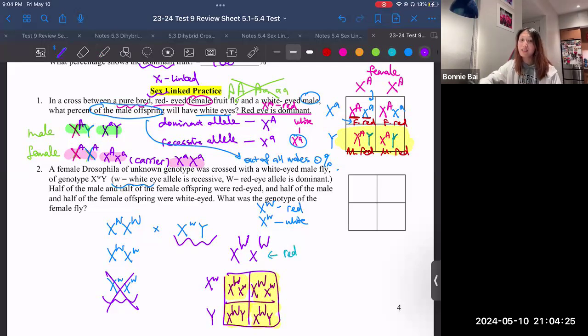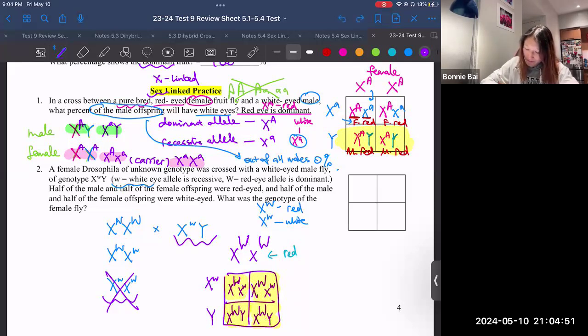If mom only has that, it doesn't work because all the babies will have red. Because first off, the red overpowers the white already, right? So for the female babies, the big W is going to overpower the little W. And then for the male children, whatever mom gives is whatever the child gets, right? If mom only has X big W, you're not going to get any white-eyed male. So this also doesn't work.